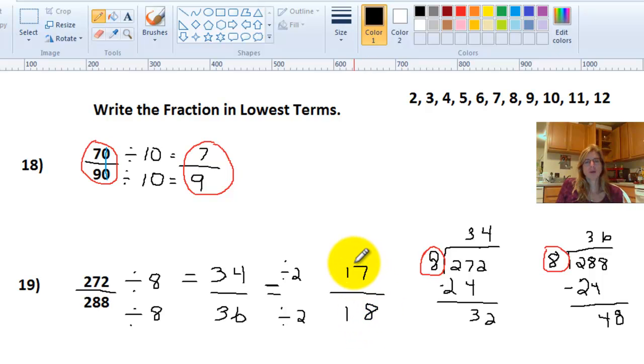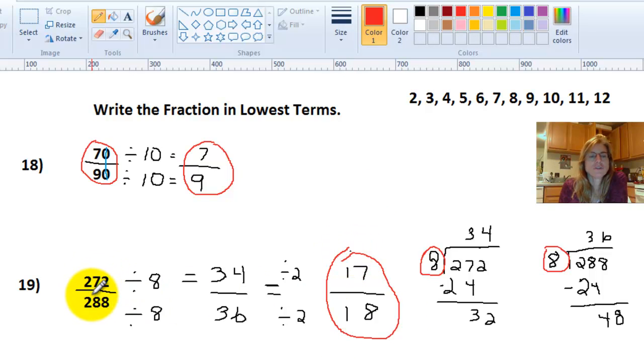Now the good news about a prime number: once you get a prime number in the numerator or the denominator, the only way it can reduce further is if the prime number goes into the other number. Well, 17 does not go evenly into 18, so you are done at this point. 17/18 is what this number reduces to.